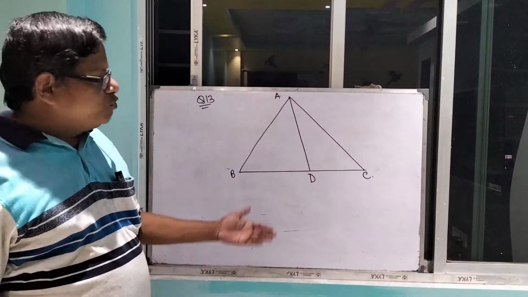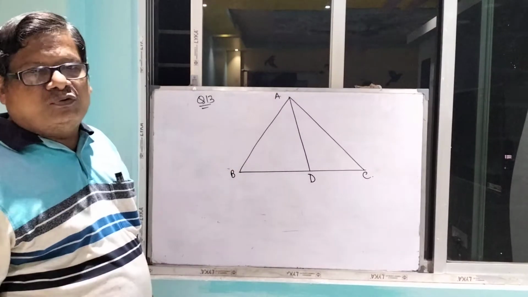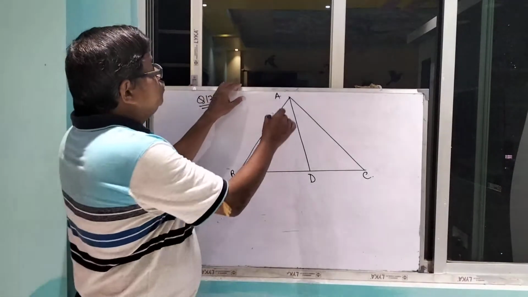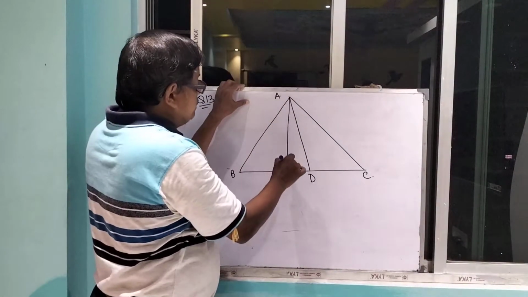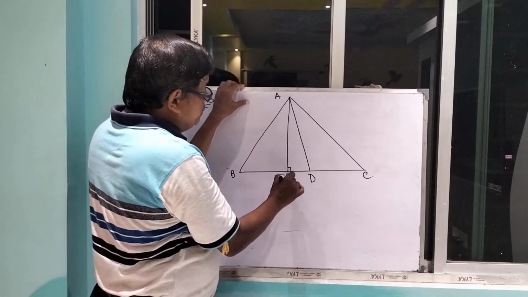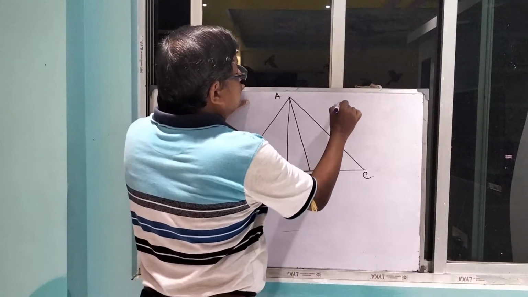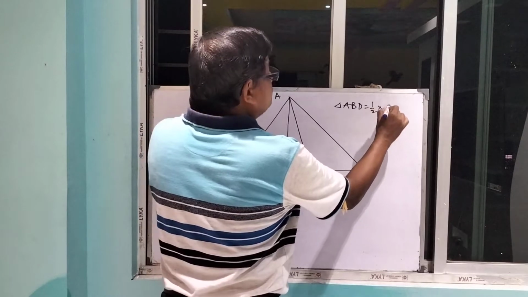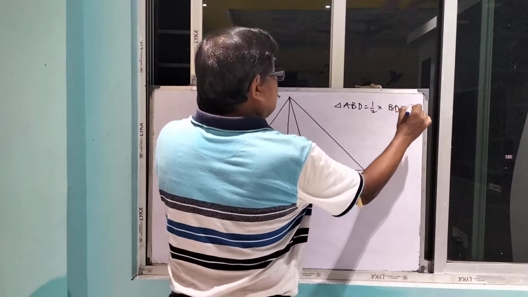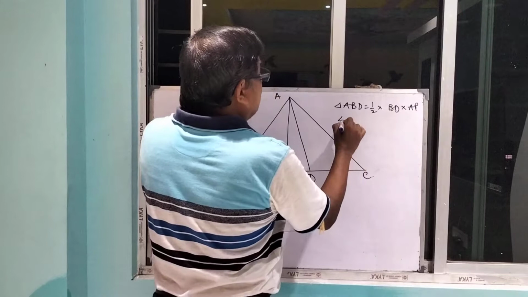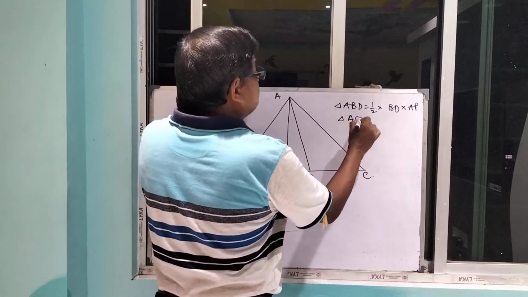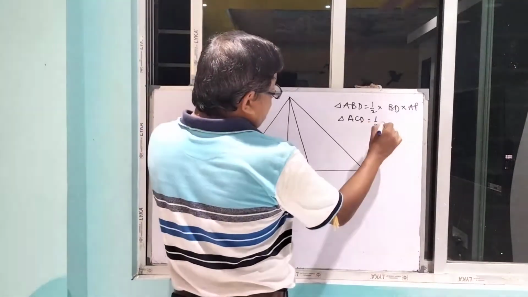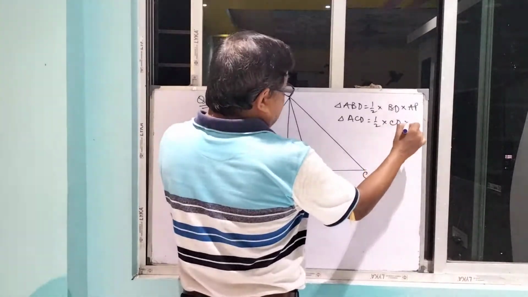So the area of the triangle, all of you know, is half base into height. Just draw the perpendicular AP. Then area of triangle ABD is half base BD, height AP, and triangle ACD is half base CD, height also AP.